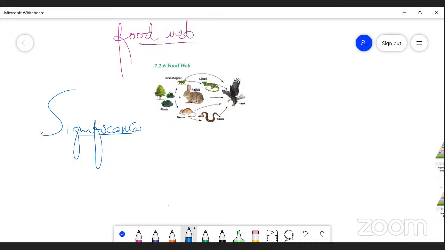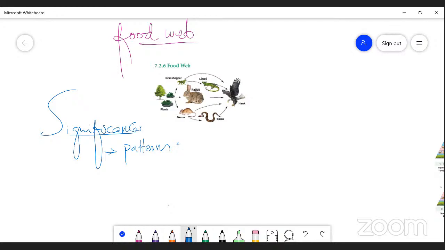Now, an ecosystem is nothing but a trophic level structure in which living and non-living organisms are interrelated with each other. That is called an ecosystem, right? So there are two main components of an ecosystem, living and non-living, you know very well. So the first point is that it describes various patterns of organisms.